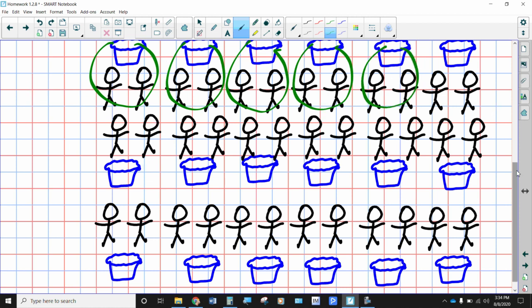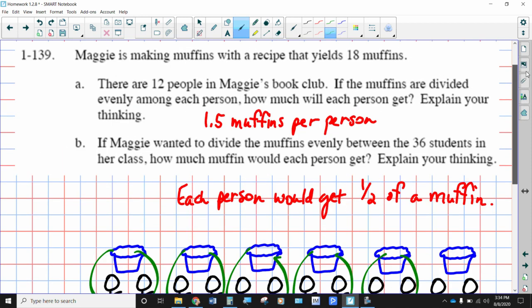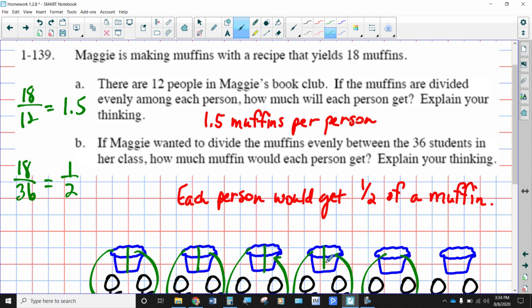Basically, what we're doing here mathematically is saying if you had 18 muffins divided by 12 people, each person gets 1.5. And now if you've got 18 muffins divided equally between 36 people, then each person gets 1/2 of a muffin. Okay, did I draw the halfways going straight down so that they each get an equal amount? I could keep drawing and playing with this all day long.